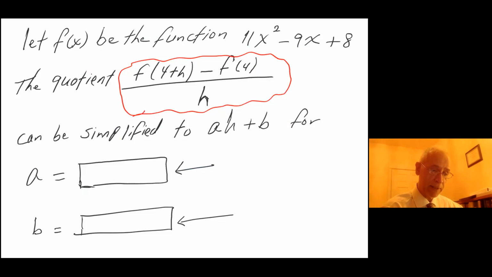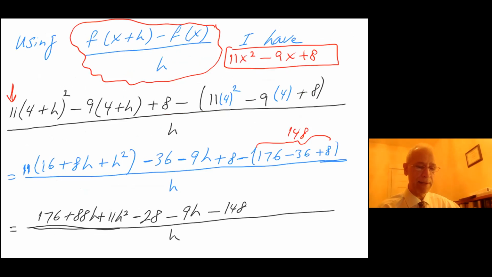The quotient f of 4 plus h. So going here, I'm going to replace my x with 4 plus h. So now I have 11 times 4 plus h quantity squared minus 9 times 4 plus h plus 8.